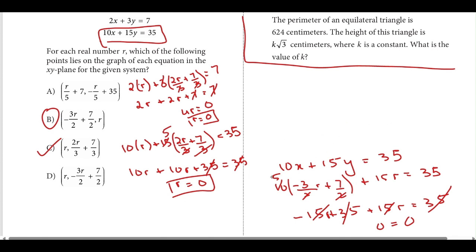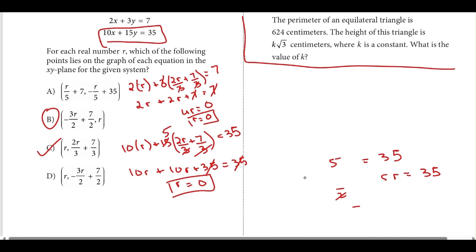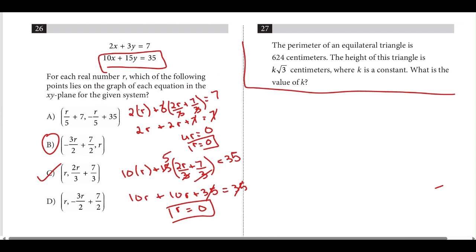Negative 15 plus 35 plus 15r equals 35. Still they get good. So 0 equals 0. Actually, okay. So looking at the question, because they wanted it for each real number r, the b gave us just one solution, r equals 0. So for each of them, b is the correct answer. If you try solving the other options, you would only get one solution or none.